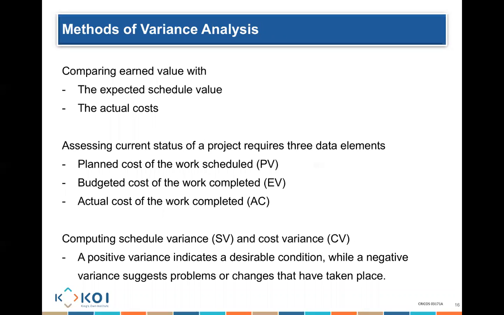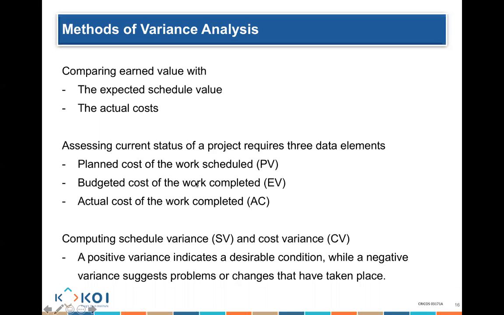We need to compare what I've earned with what I was scheduled to earn, and what I've earned with my actual cost. That's really what I do. My planned cost is my planned value. That's my baseline. That's what I planned to spend at any particular point of time.